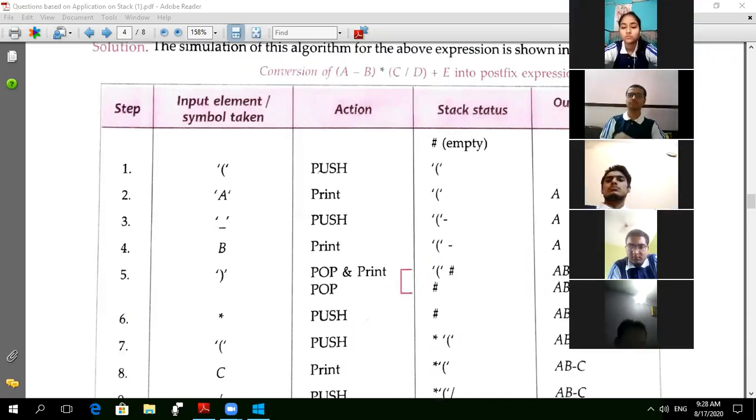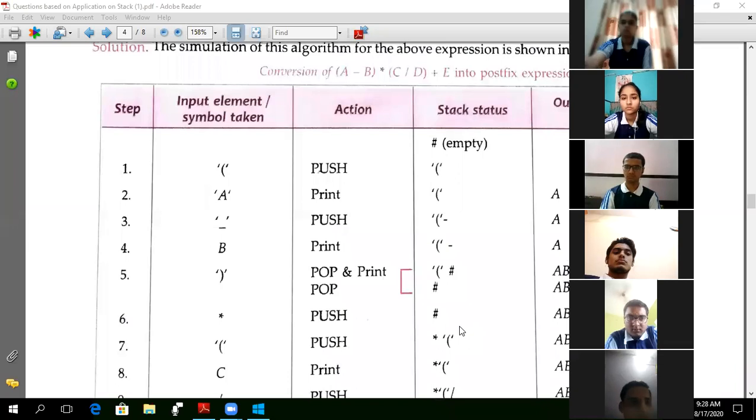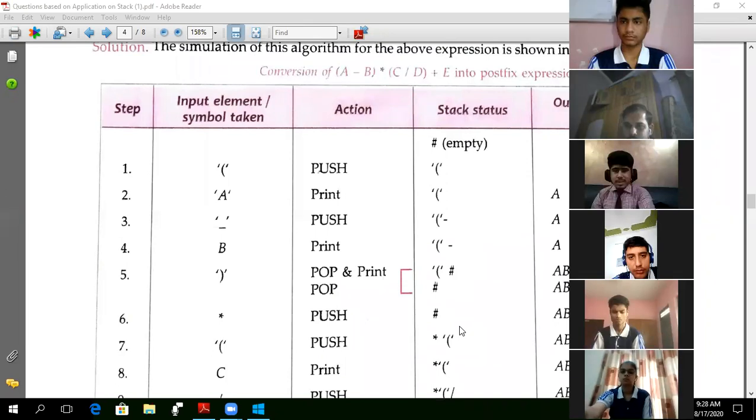Only Kalash's camera is not opened. Kalash, open your camera. I think he's working on a desktop, that's why. Sir, my camera is turned on, but due to a network problem, you are not able to see. There is some problem. Okay. Fine. Thank you, sister, for giving the suggestion.